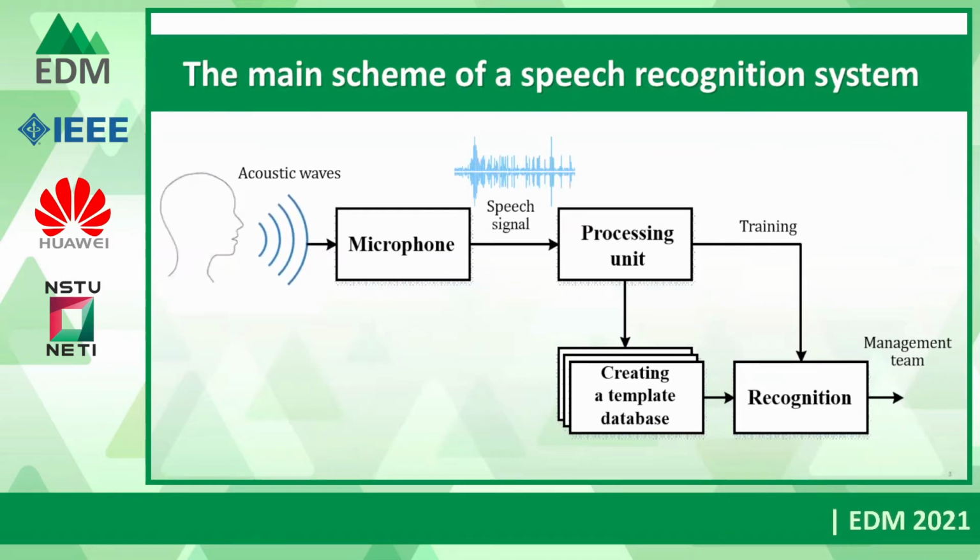This slide shows a function diagram of a voice control system consisting of a microphone, a processing unit, and a recognition unit. Speech in the form of sound waves is captured by a microphone which converts them into an analog signal.